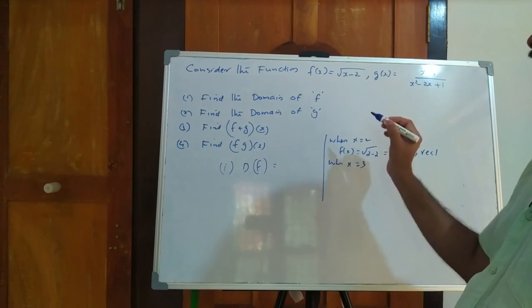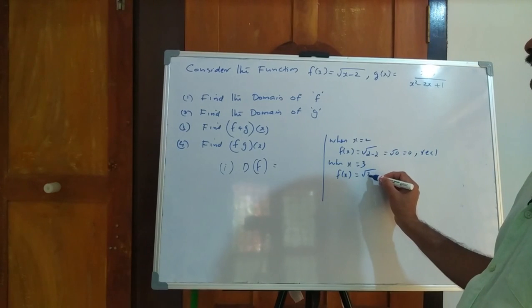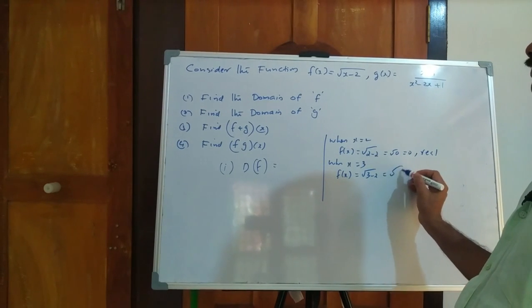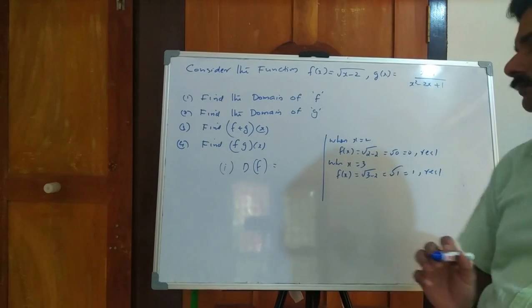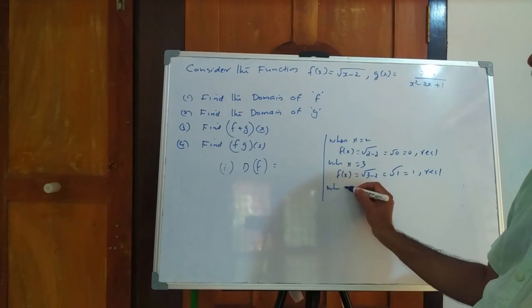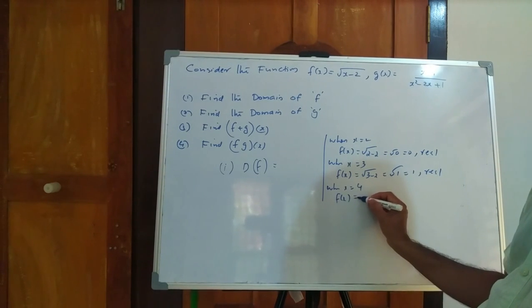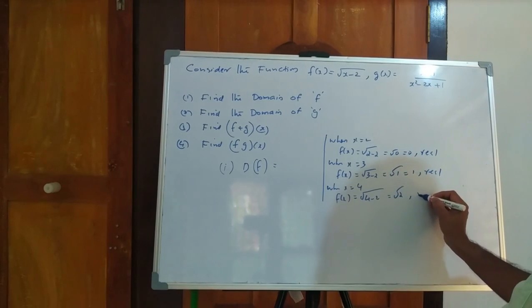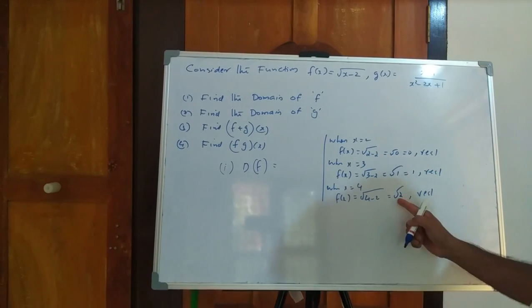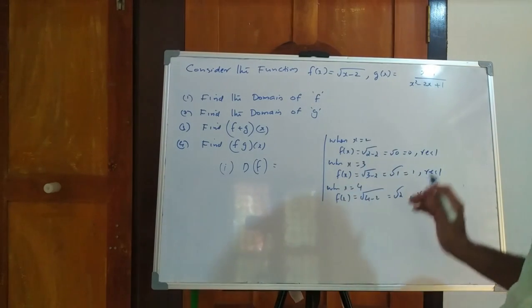Suppose x is equal to 3, then f of x is root of 3 minus 2, that is root of 1, equal to 1, also real. When x is equal to 4, f of x is root of 4 minus 2, root of 2, is also real. Its value can be obtained by using a calculator, 1.414, etc.